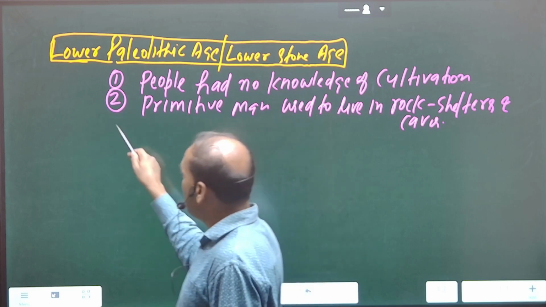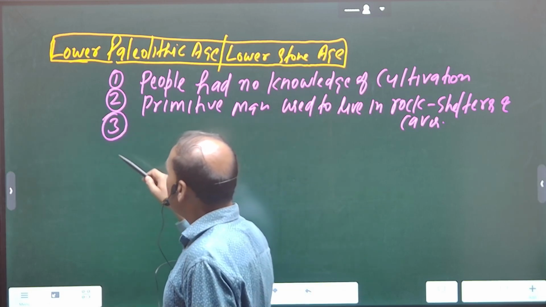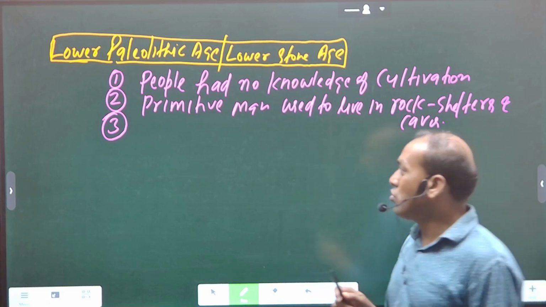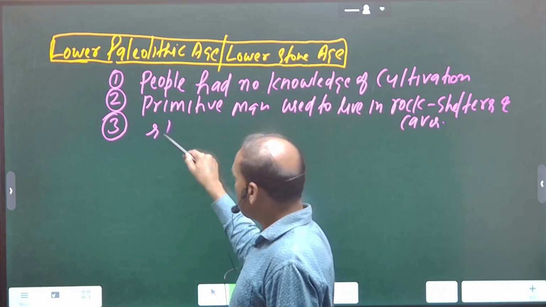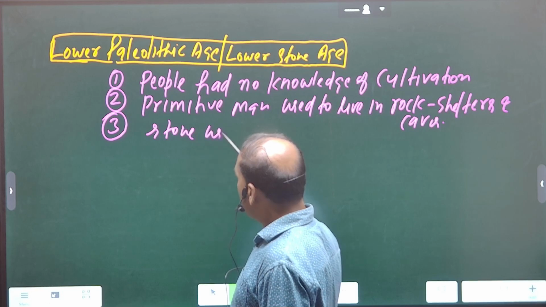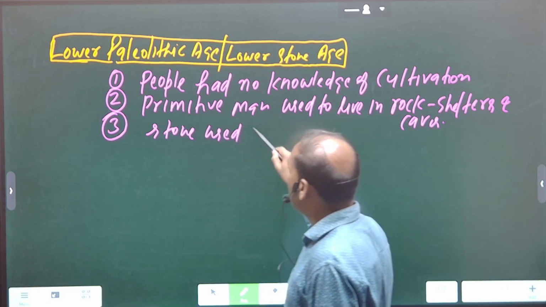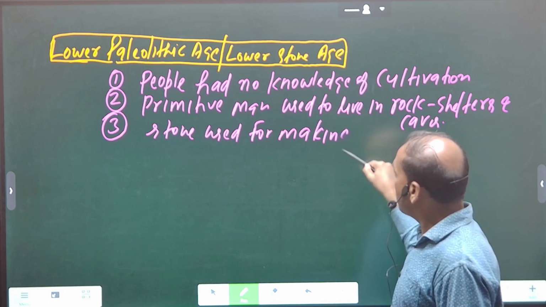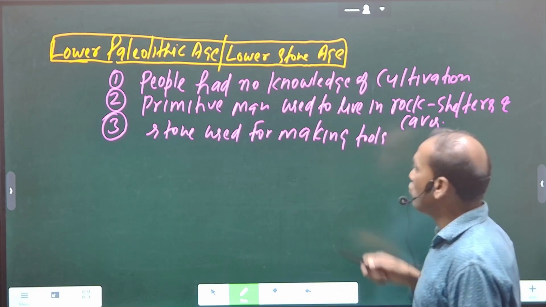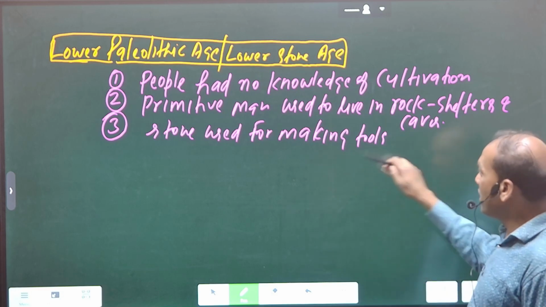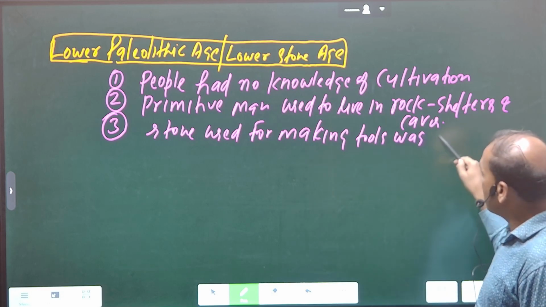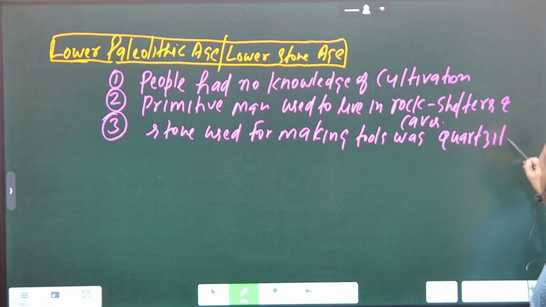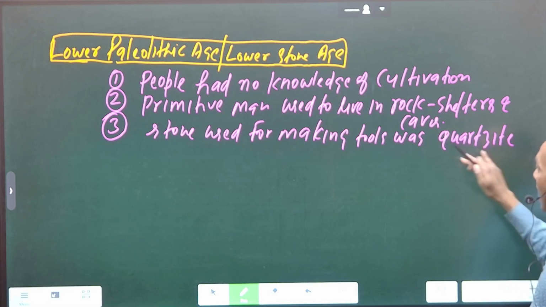Okay, so here third point you can write, stone used for making tools was quartzite, hard stone.